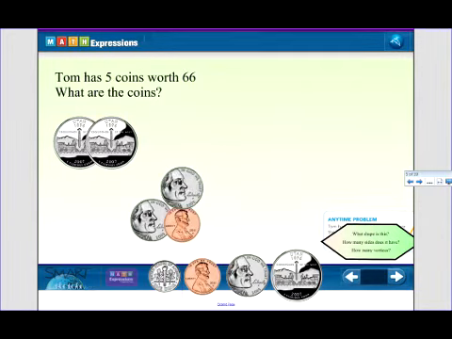We can go 5, 10. But that gives us 1, 2, 3, 4, 5, 6 coins. How many coins do we need? That's right, we only need 5 coins. So 10 or 25, 50, 60, 65, 66. So 66.